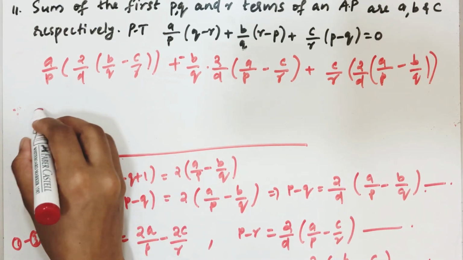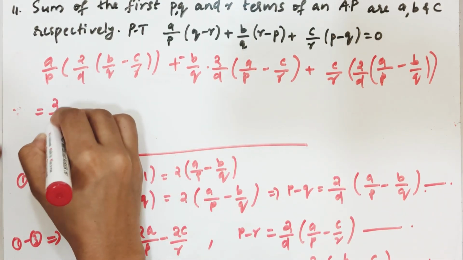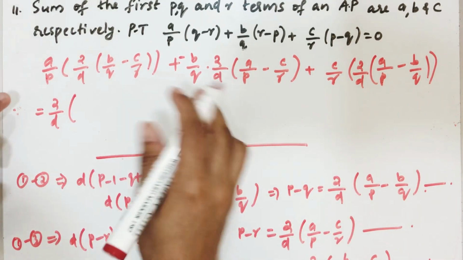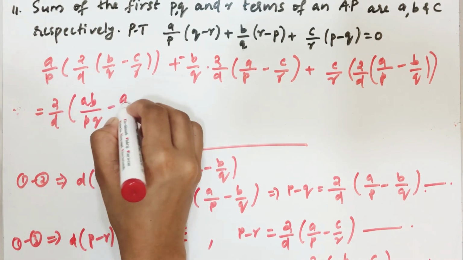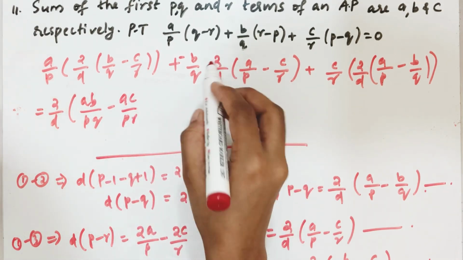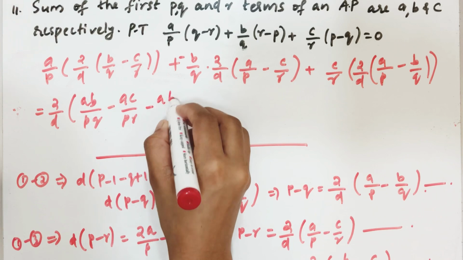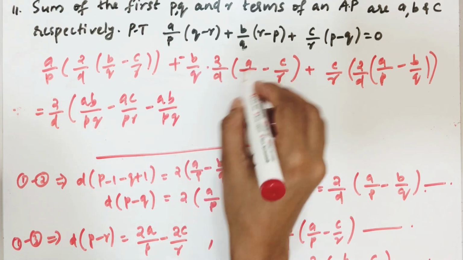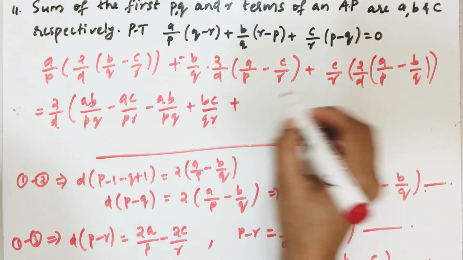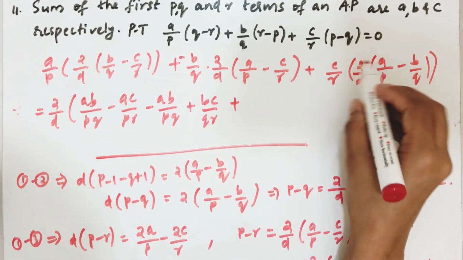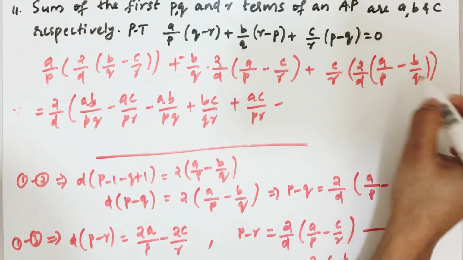Which is equal to, here 2 by D is common, 2 by D into, we can expand this, AB by PQ minus AC by PR. Here 2 by D we take common, minus AB by PQ, minus of minus, plus BC by QR, plus AC by PR, minus BC by QR.